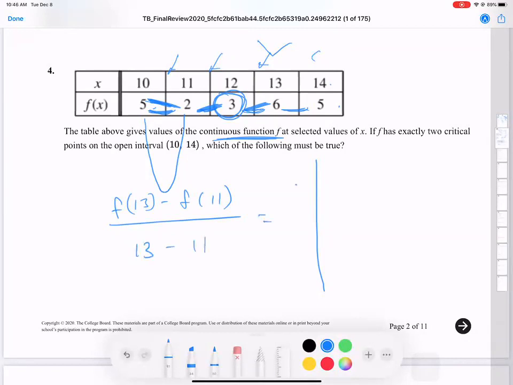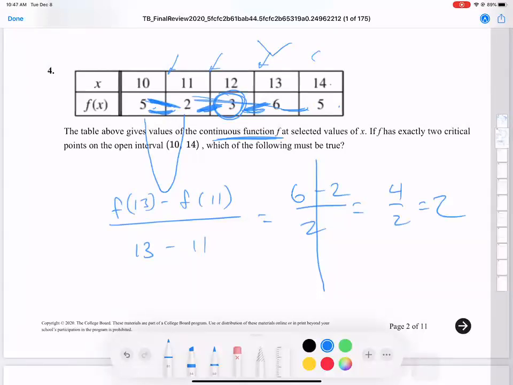So the slope is 6 minus 2, over 2, is 4 over 2, is 2. So the slope is positive. So that's the rate of change.